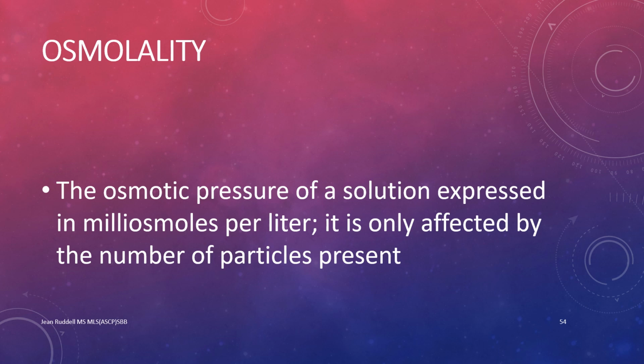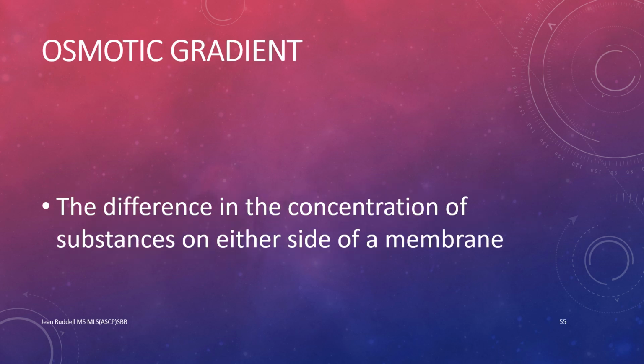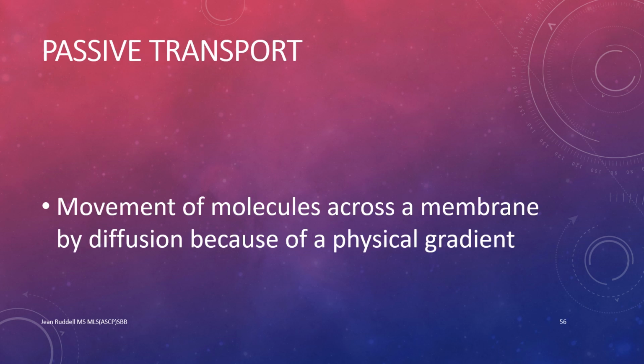It is only affected by the number of particles present. Osmotic gradient, the difference in the concentration of substances on either side of a membrane. Passive transport, movement of molecules across a membrane by diffusion because of a physical gradient.